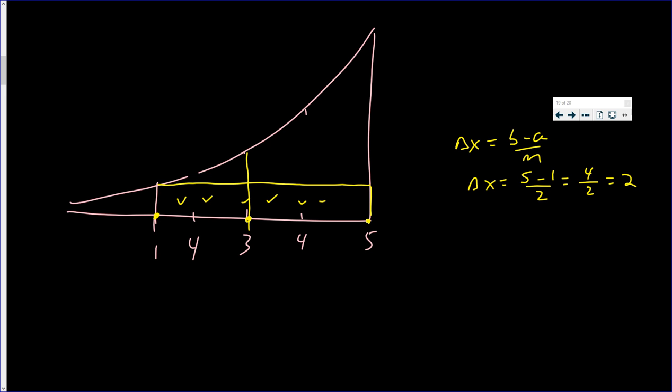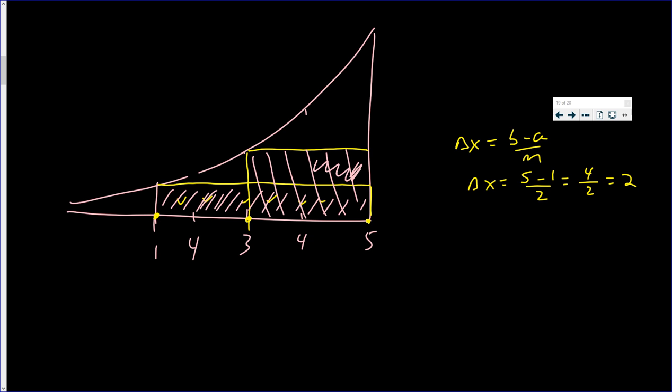Now, if we're doing the lower triangular one, well, the first rectangle gave us this area when we only had one rectangle. Now that we have 2 rectangles, I still get this area, but now I get this area. That is, we're now counting this. We weren't before. Well, that's good.